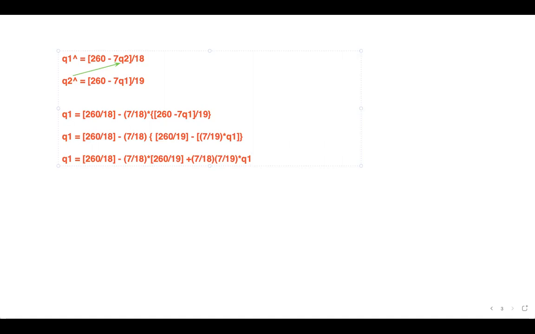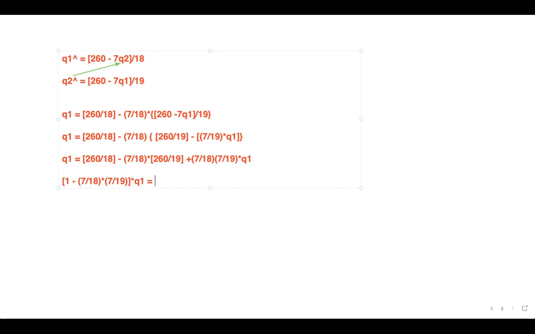Everything's separated, so we can see pretty clearly. So I'm going to move the terms with Q1 onto one side, and then factor out the Q1. I would get 1 minus 7/18 times 7/19, and that would be my coefficient in front of Q1.